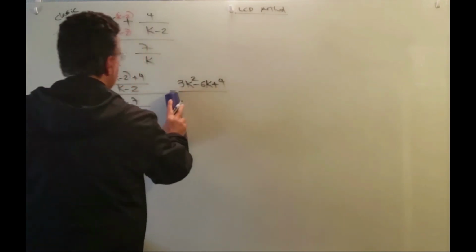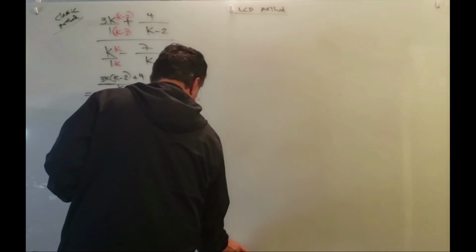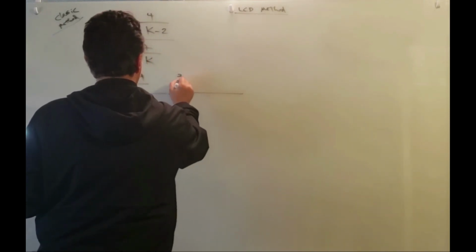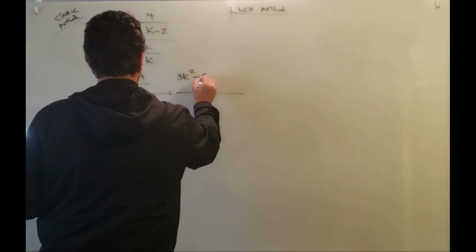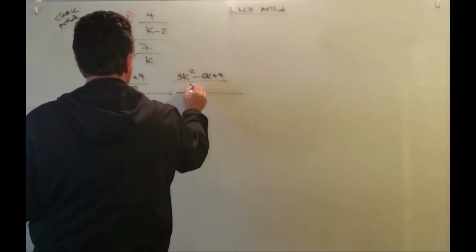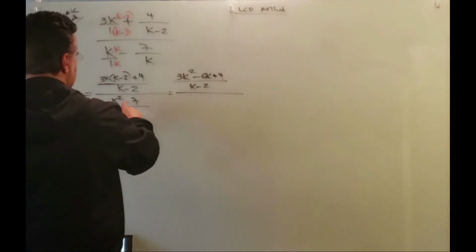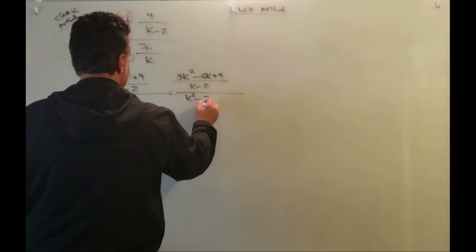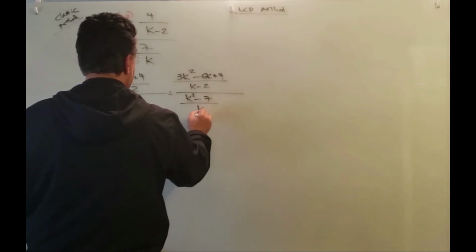Let me write that a little further up. So 3k squared minus 6k plus 4 over k minus 2, and this one is already simple. k squared minus 7 over k.